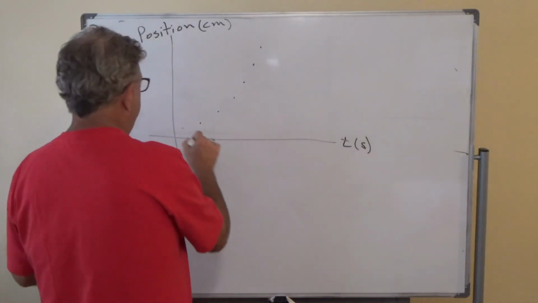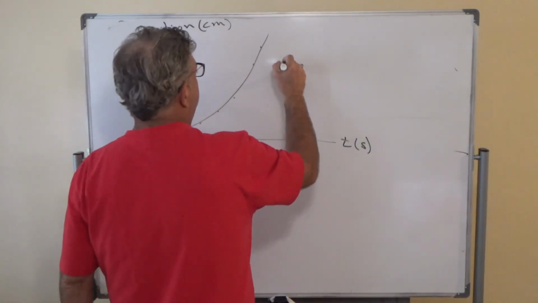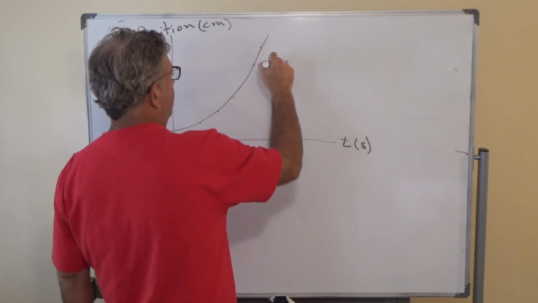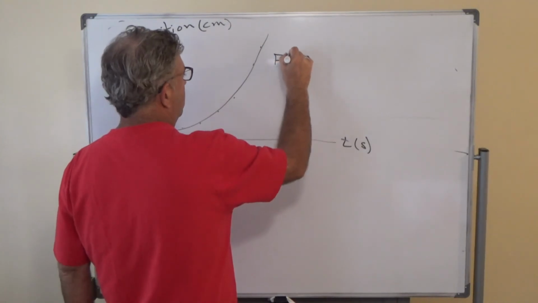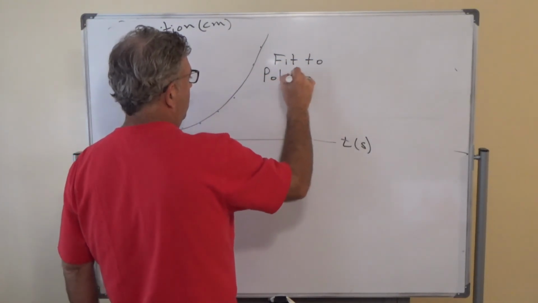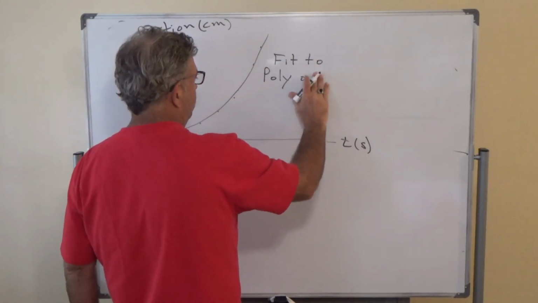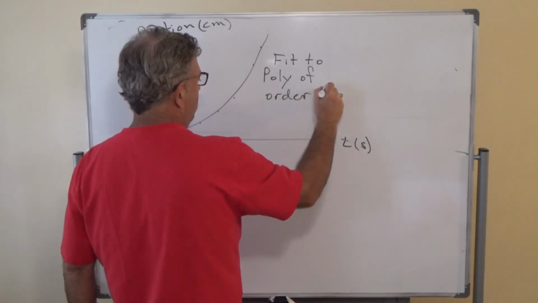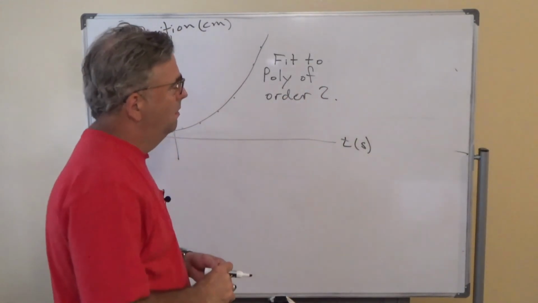So you're going to do a best fit line for that. And in Excel, I'm sure Google Sheets has the same kind of thing. You fit this to a polynomial of order 2. Okay.